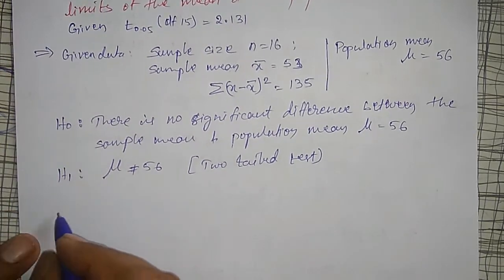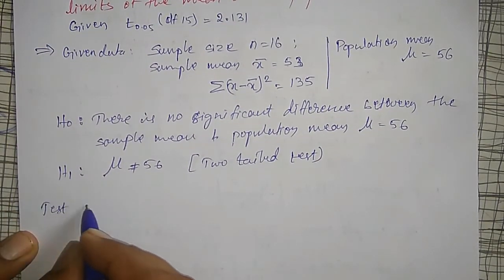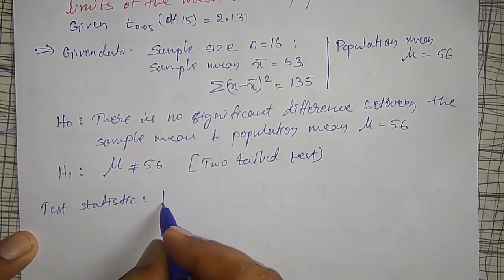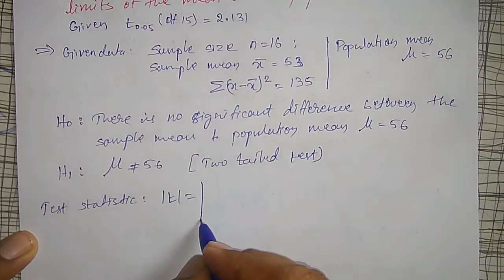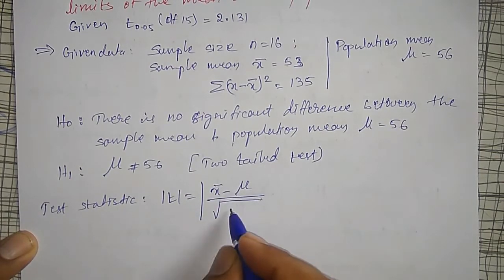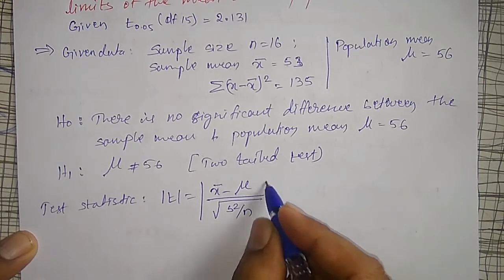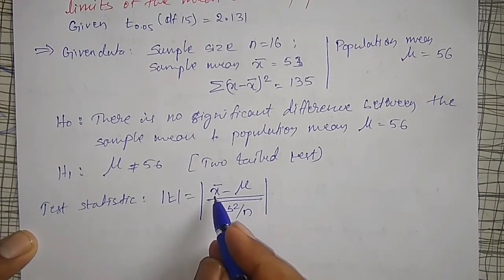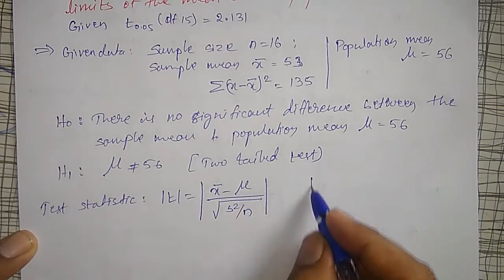Therefore, test statistic: modulus of t is equal to modulus of x bar minus mu divided by square root of s square divided by n. Now x bar and mu are given. What about s square?